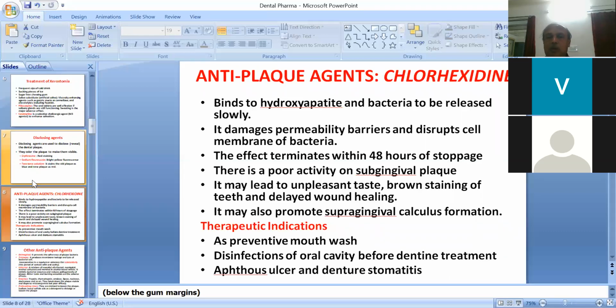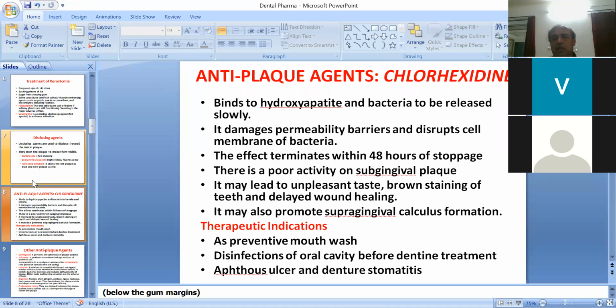It damages the permeability barriers and disrupts the cell membrane of bacteria. So it binds to bacteria, is released slowly, damages permeability barriers, disrupts the cell membrane of bacteria. So the cell membrane of bacteria is disturbed. So the bacteria ultimately will die. The limitation of this drug is that the effect terminates within 48 hours of stoppage.